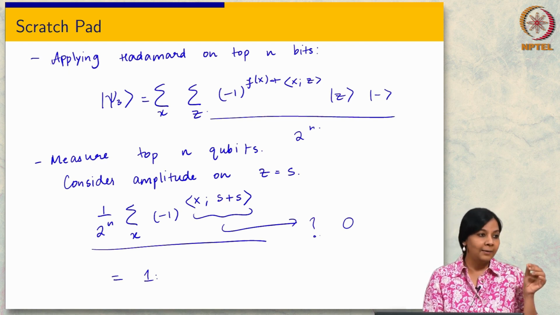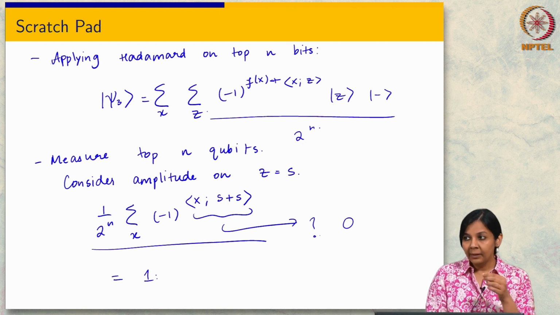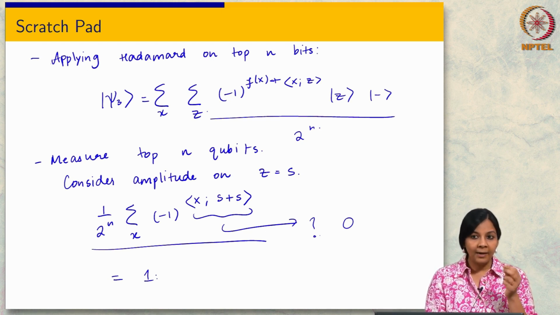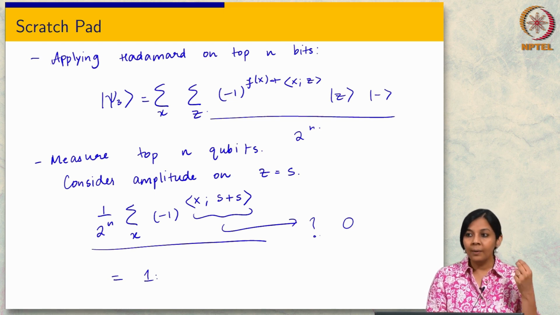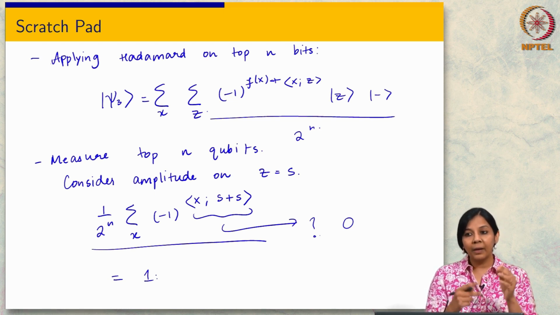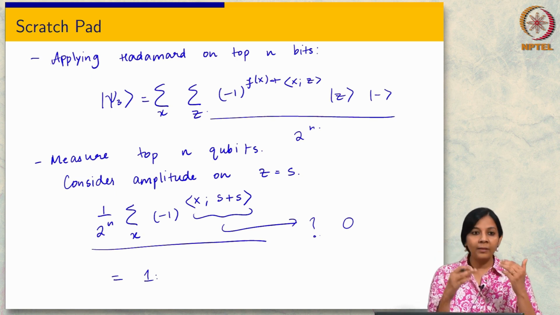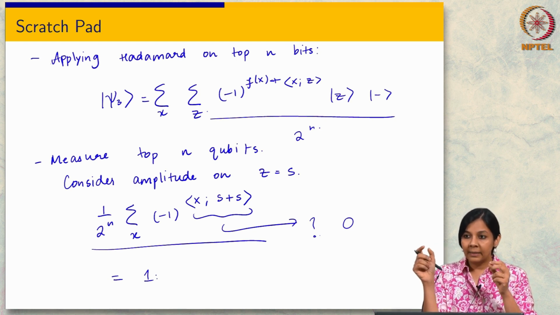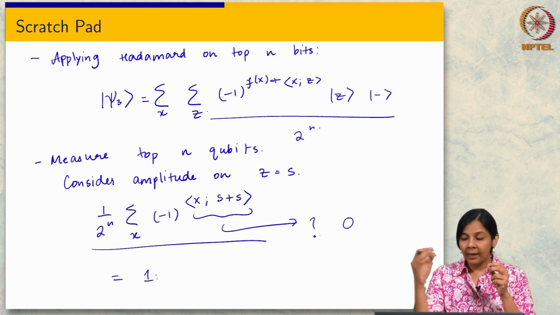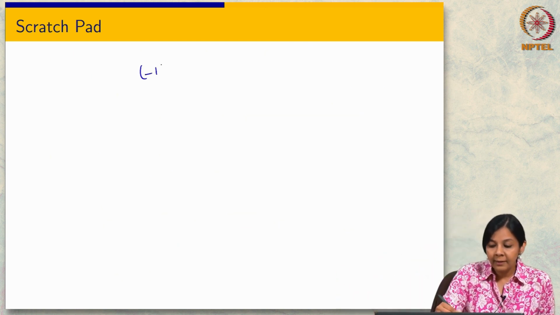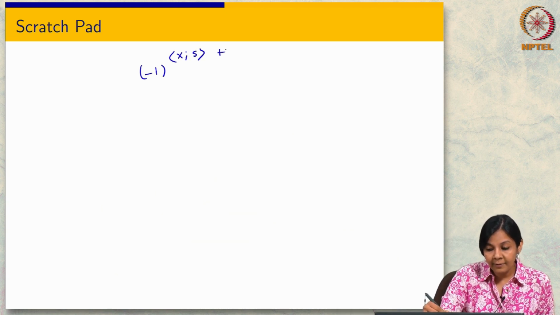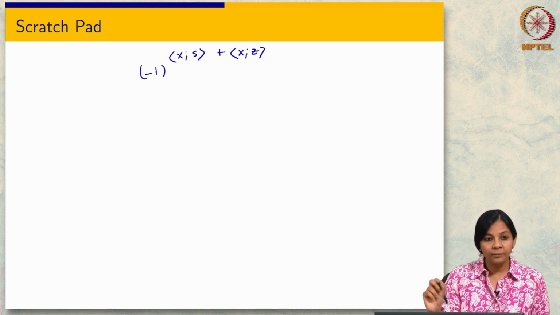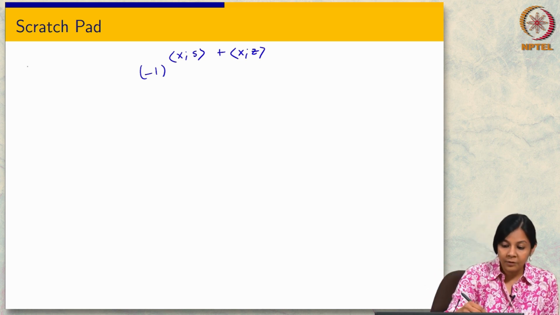Basically the fact that f of x is itself x inner product s, right. The way to think about this algorithm is that, using the ideas that we have already seen, I will get x inner product s plus x inner product z in the exponent. This is the term that I am interested in, right. So this is my interesting term.